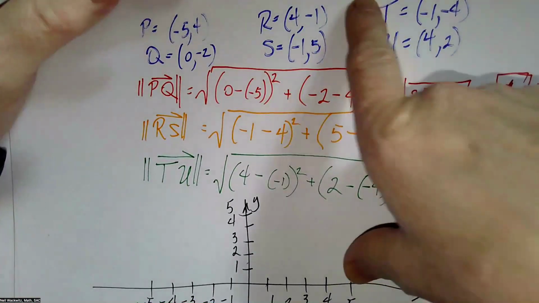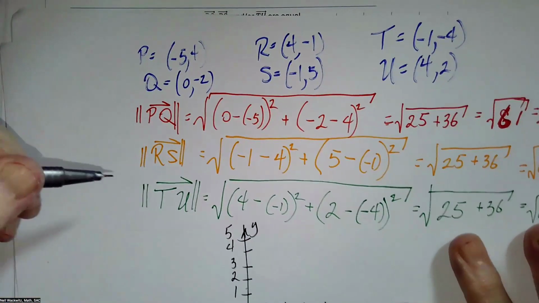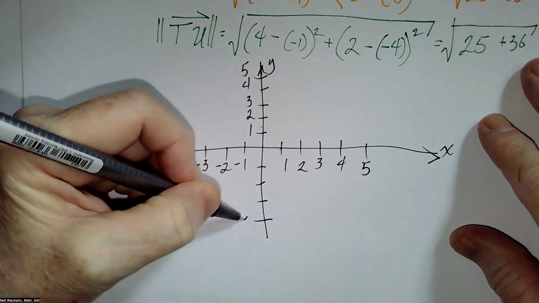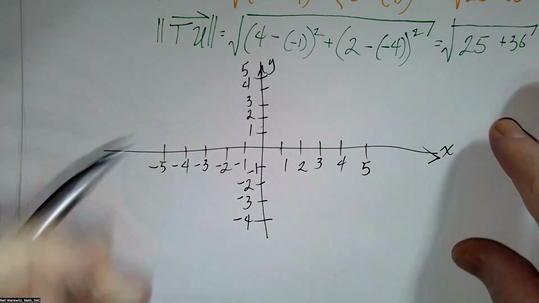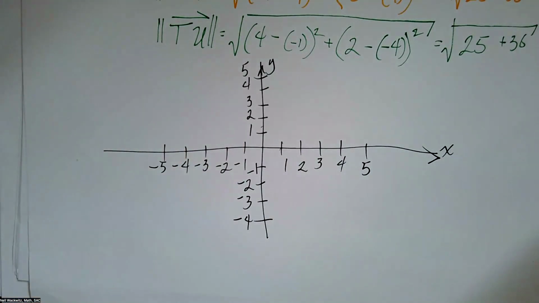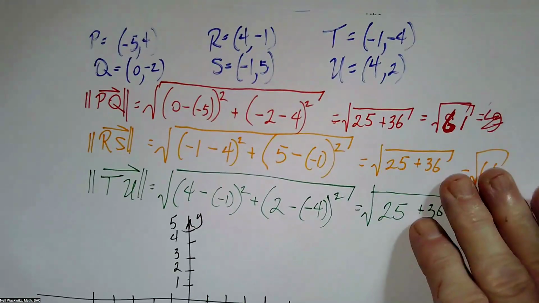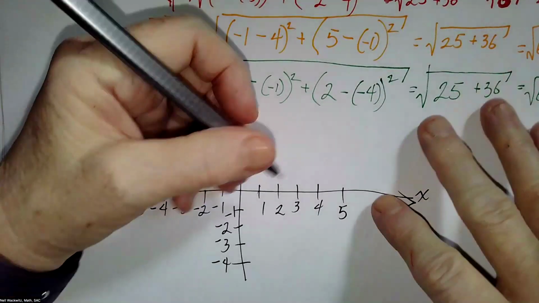And in the negative y direction, we go down to -4. Okay, groovy. So PQ, let's see, P is -5, 4.